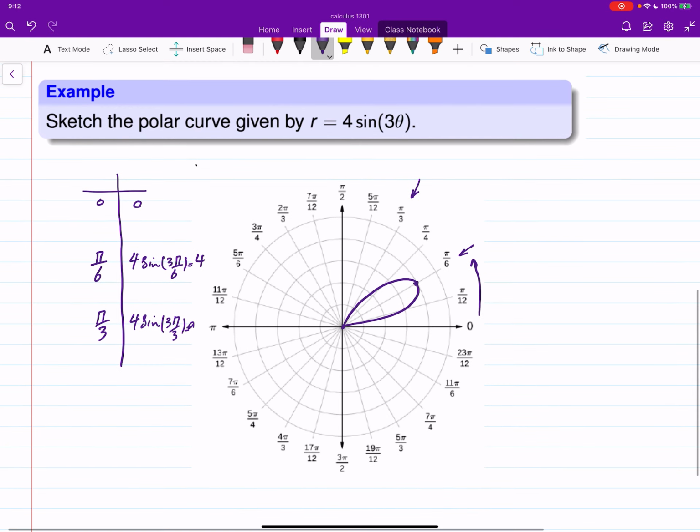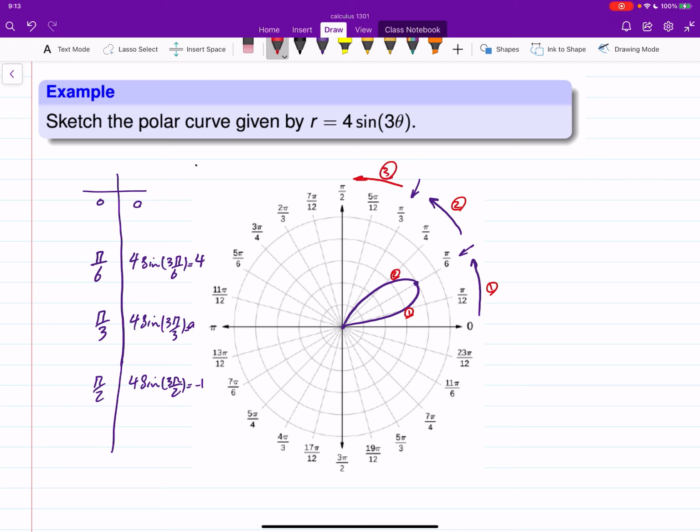But then from that to pi over 2, this will be 4 sine of 3 pi over 2. This is going to be negative 1. So from that part to there, maybe I should make it, this part is 1, then that is 2, this is there. And then this part here, which is 3, pi over 2, we get negative 4, actually, not negative 1.